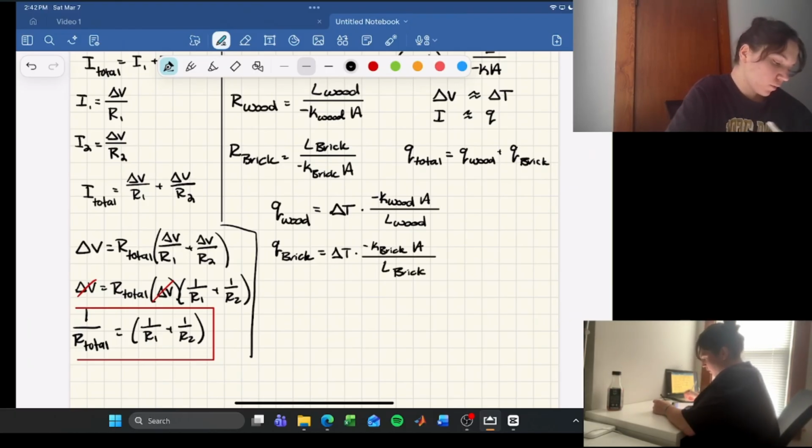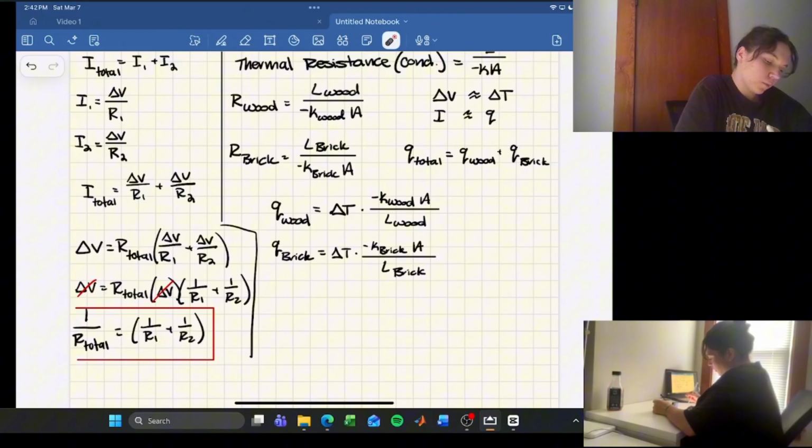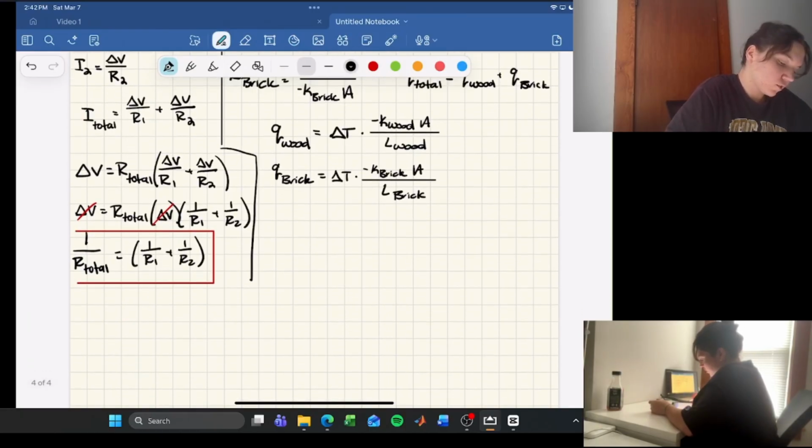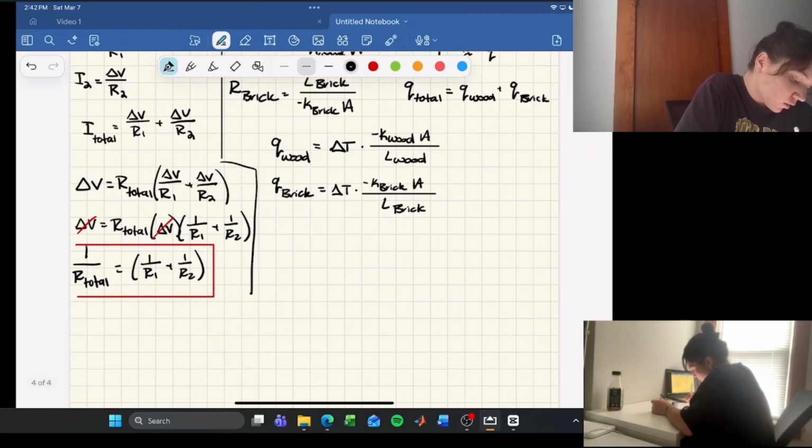And then we can put all this information together by plugging it in, just like we did when we found the total resistance or the total current using Ohm's law. So let's do that. Total heat flow is change in temperature times negative thermal conductivity of the wood times the area over the length of the wood.